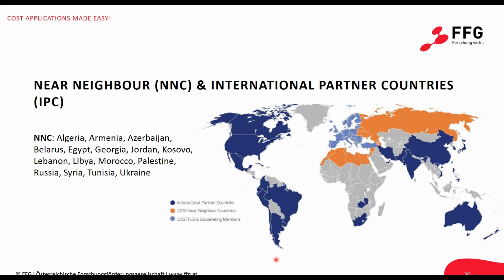So there is no difference. Only here on the map, it's indicated which countries are already involved in running COST Actions. So with all these countries marked in dark blue, there is already cooperation and they are already participating in COST Actions, and some others are not, but that doesn't mean that they are not allowed to participate. So it's really open to the whole world.